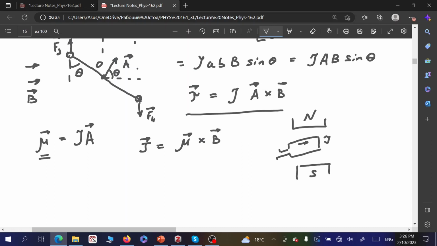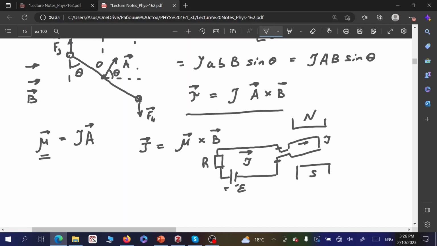Let's say we attach this to some contacts. Here is our battery. Here is our resistor. And here is our current. So we want to measure the magnitude of this electric current. And how can we do this?